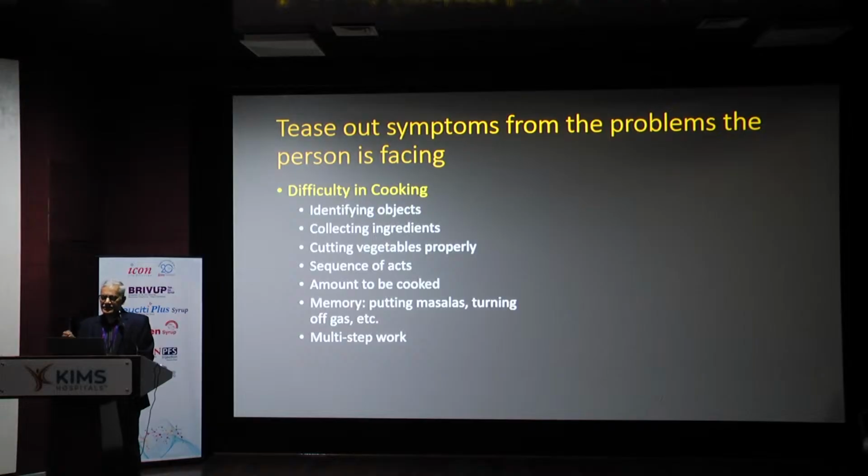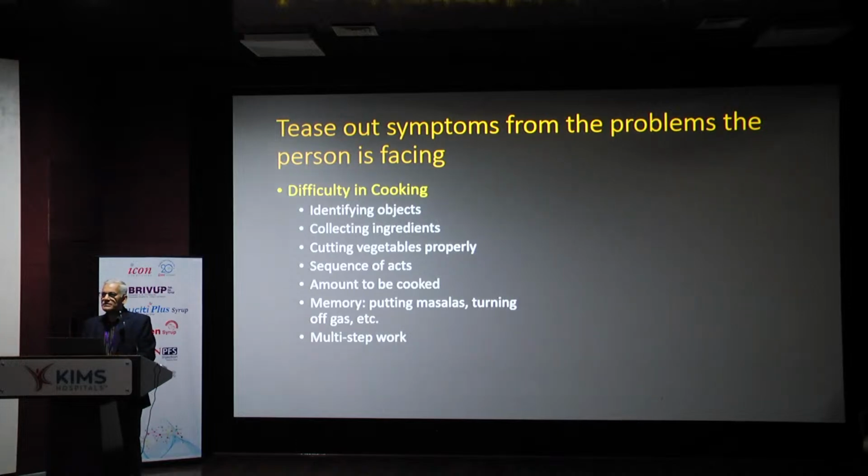Maybe because of identification of objects, collecting ingredients, cutting vegetables properly, sequencing acts, amount to be cooked. Maybe she is cooking for 2 persons, but she has cooked a lot of things. She may forget putting masalas, or she has a problem in multitasking.